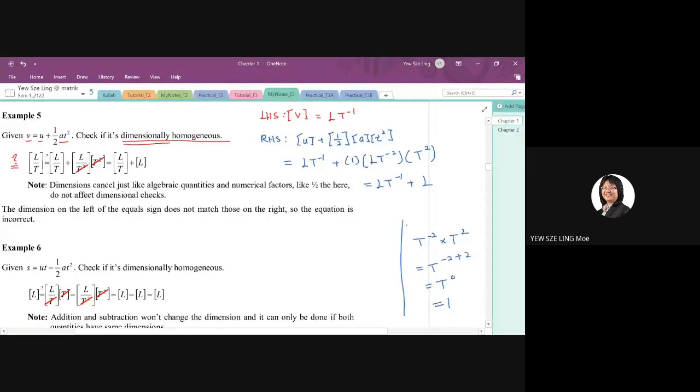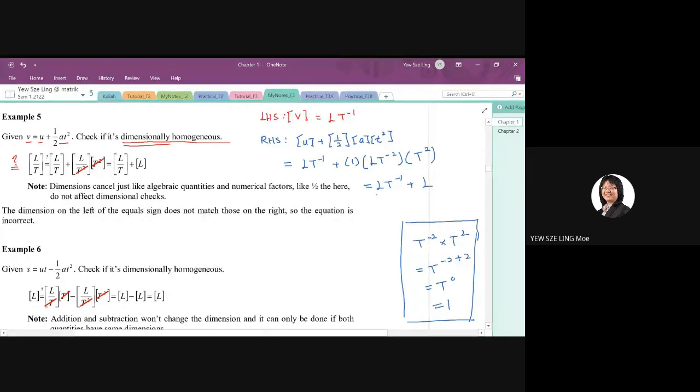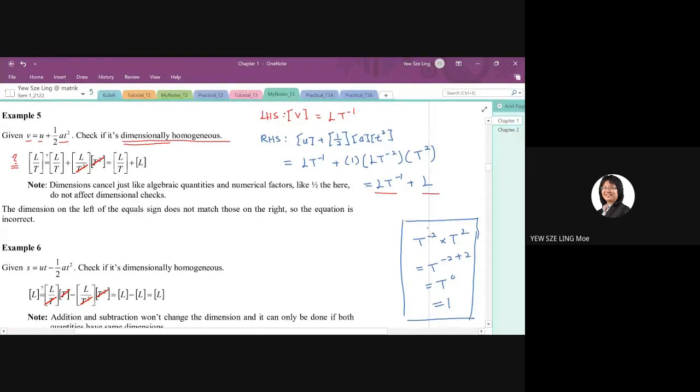So for those of you who don't know where the T has gone, this is the reason why T is no longer in our equation. So now if you look at the right-hand side, what happened here? Now you have one LT negative 1 and another one is L. They are not the same. And when you compare to left-hand side, they are also not equal.